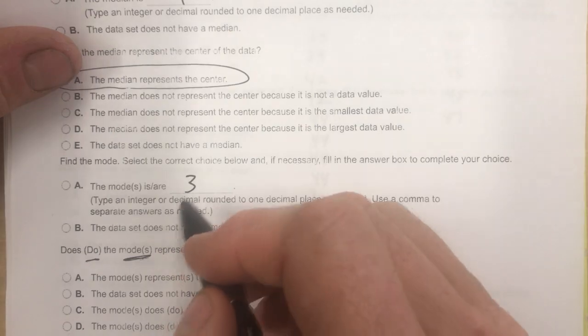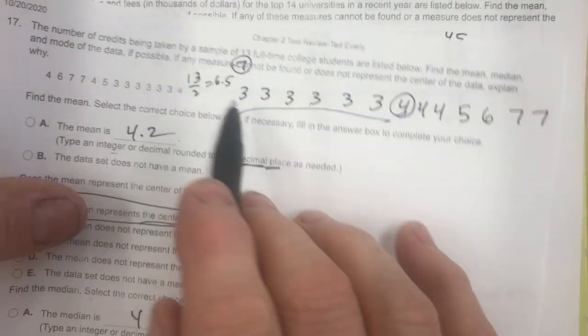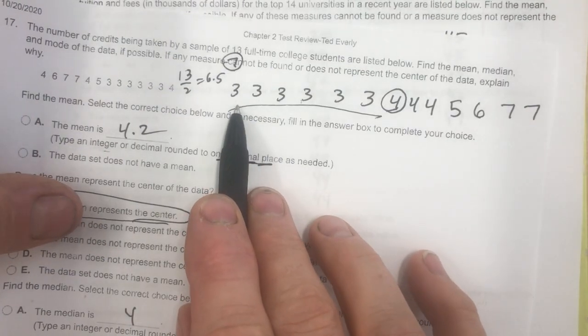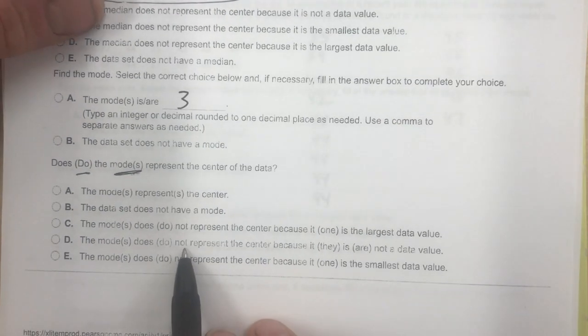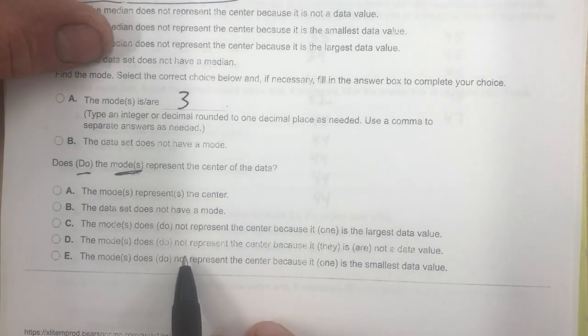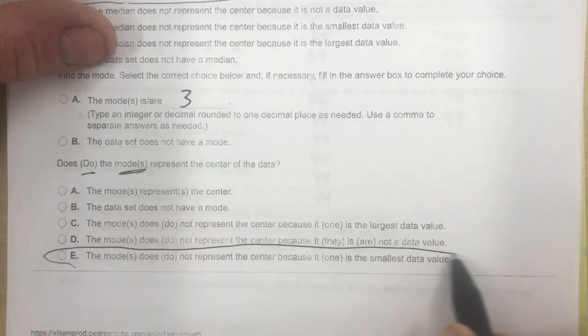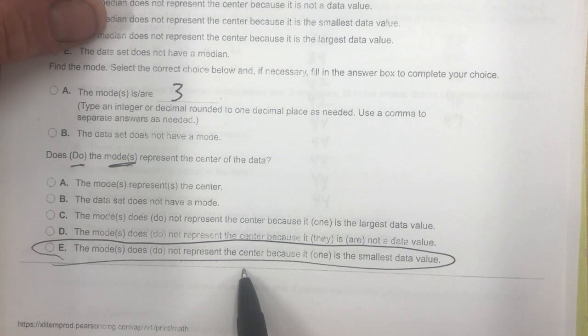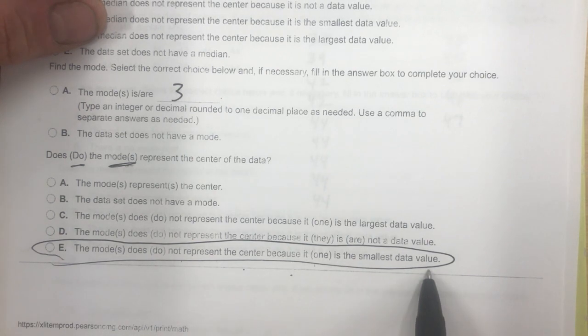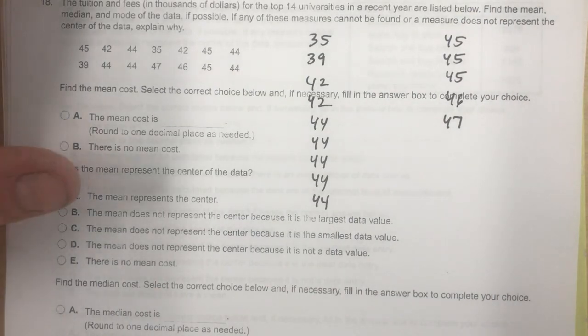Here it isn't because it's one of the lower ones. See? 3 is the lowest number on here. The mode does not represent the center because it's one of the smallest data values. So it's not the center. It's one of the small values.